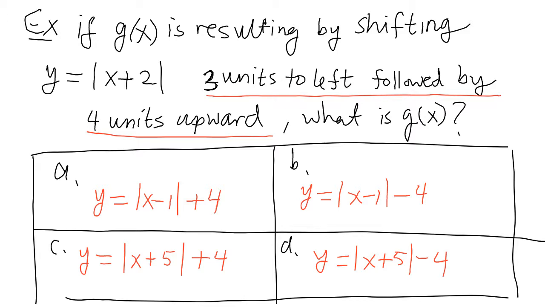Excellent. So most of you answered correctly, yes. So the answer is C. So you see, now the first step is to transform this 3 units to the left. 3 units to the left means I have to replace x with x plus 3.